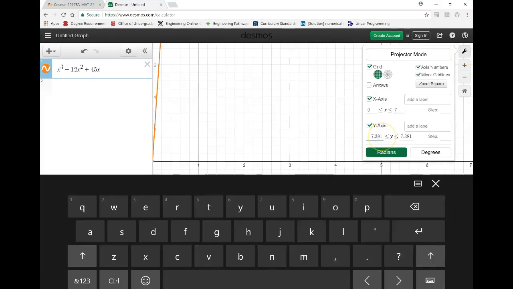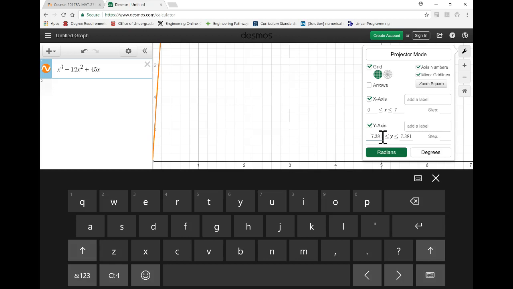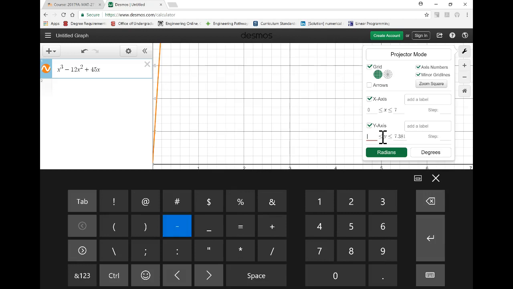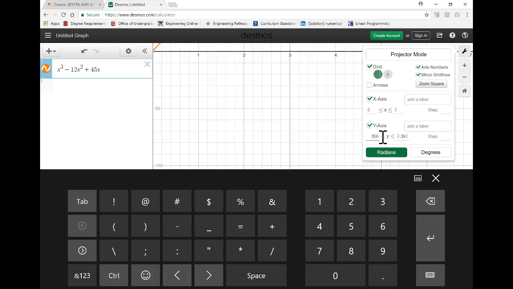So we're going to have to go down really, really low on our y-axis. I'm going to say negative 200 just to be safe. And then go up to positive 200.